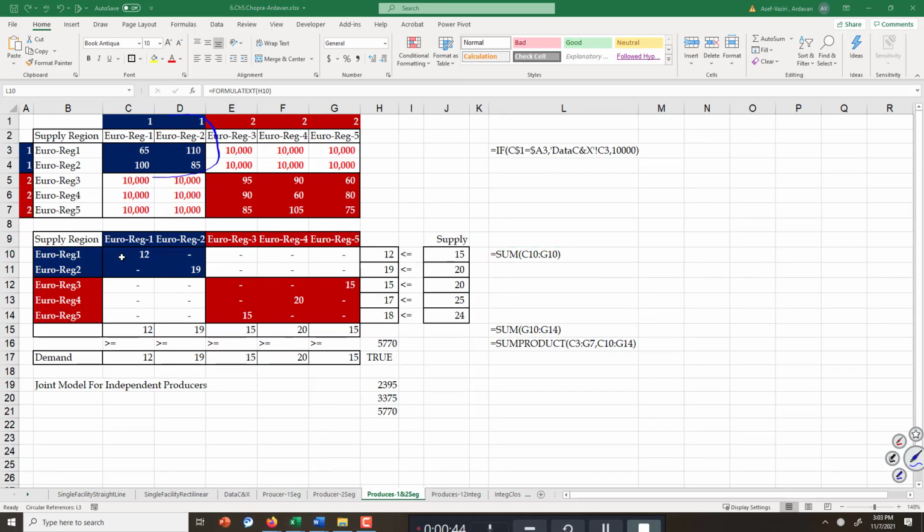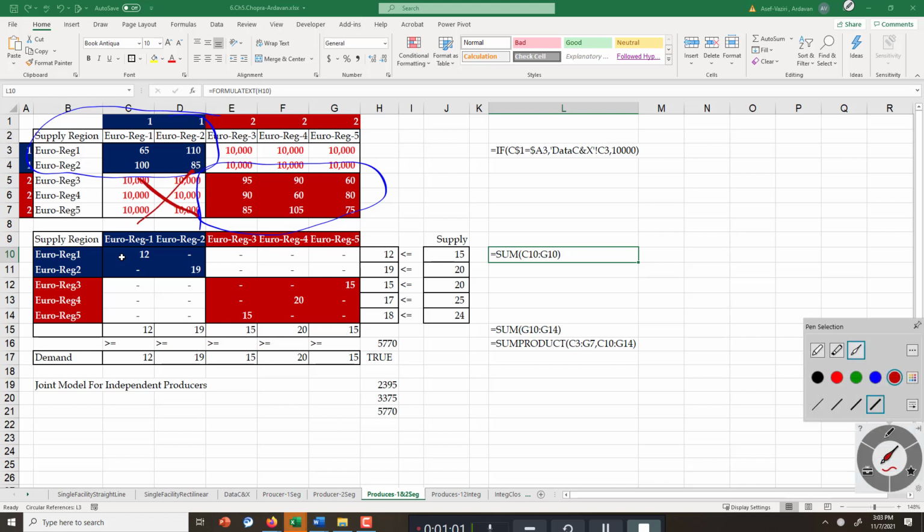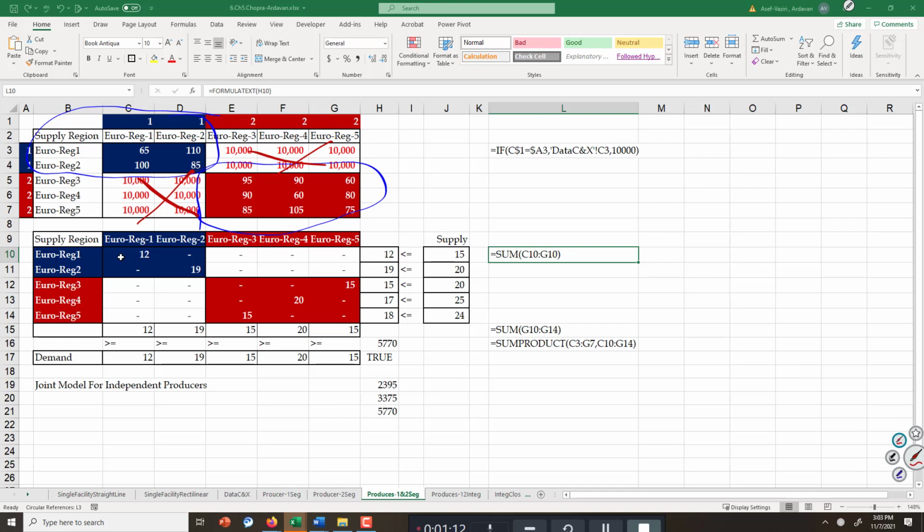We have two origins and two destinations related to each other, and three origins and three destinations related to each other. And the first set of origins cannot perform here, and the second set of origins cannot perform over there. They are two independent suppliers serving entirely separate markets.